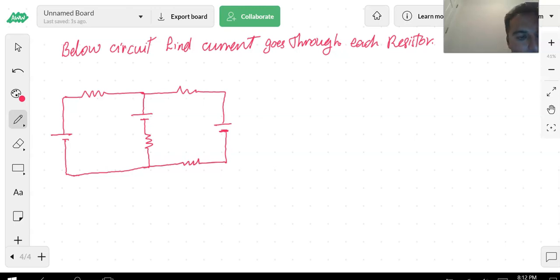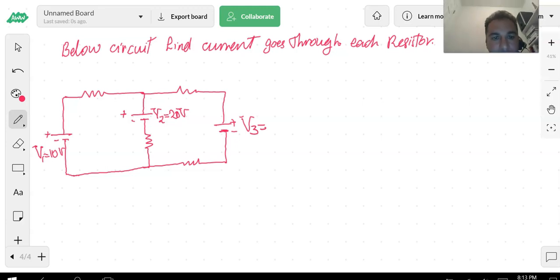Okay, let's call this one V1 is 10 volt. This is positive, this is negative. Let's call voltage 2 for battery 2 is 20 volt. This is positive, this is negative. Voltage 3 is, what do you want?